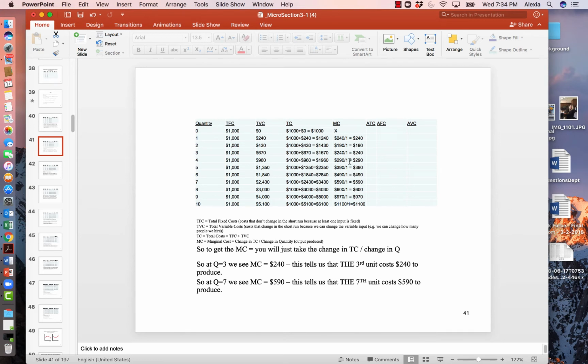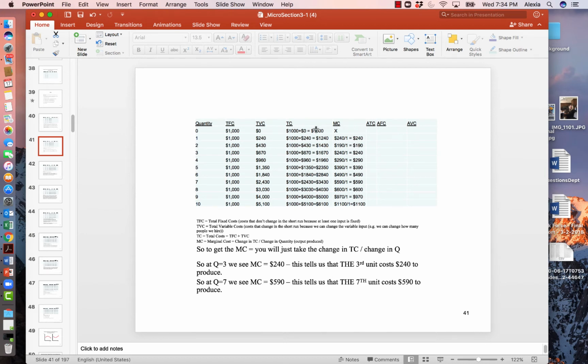So when we go from 0 to 1 output, the change in the output is 1, and the change in the cost was 1,000, and now it's 1,240. So the change in the cost was 240 divided by the output change of 1, so it's 240. So what this is telling you is that to produce 1 more unit of output, from 0 to 1, costs you $240 for that first unit.